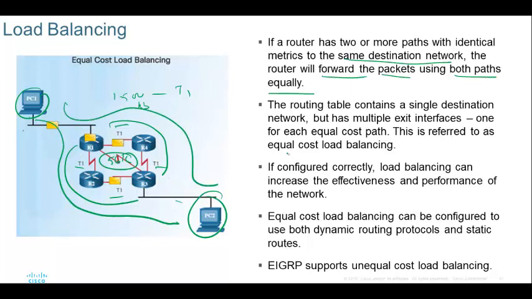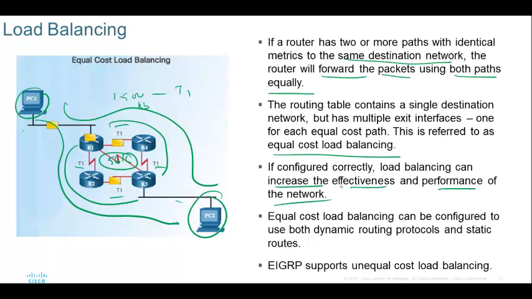So when you do load balancing, what is the advantage? Quickly you can reach the destination, isn't it? Quick communication, which is increasing the effectiveness and performance of the network. Do you understand? Right?